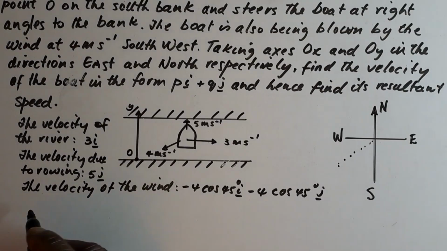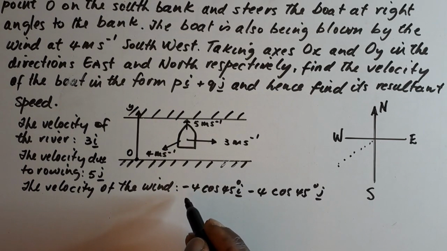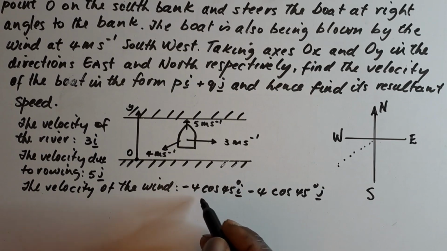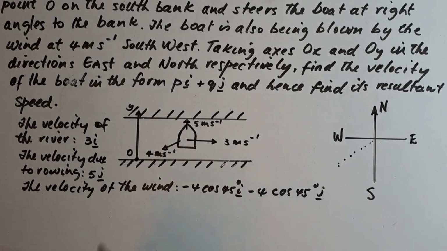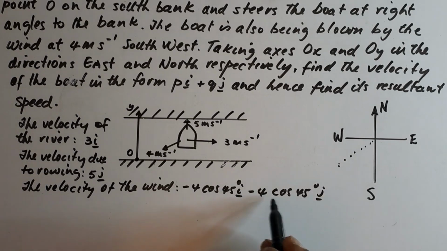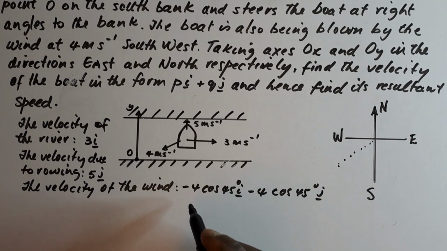So if we were to just put this into the calculator, it's minus 4 cosine 45 degrees. We know cosine 45 degrees is root 2 over 2, so multiply by minus 4. And likewise for cosine 45 here.